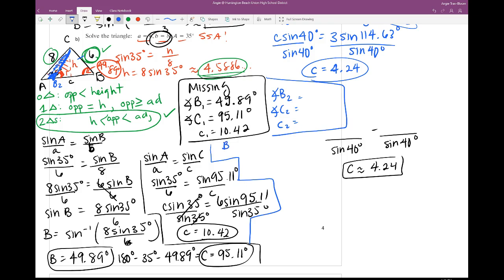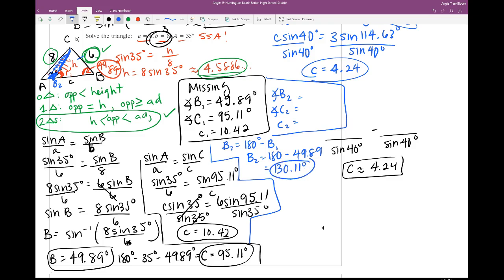So what I'm going to do is I'm going to take 180 minus my B1, okay? So B2 equals 180 minus B1, which was 49.89. So that means 180, use my calculator, 180 minus 49.89 is 130.11 degrees.